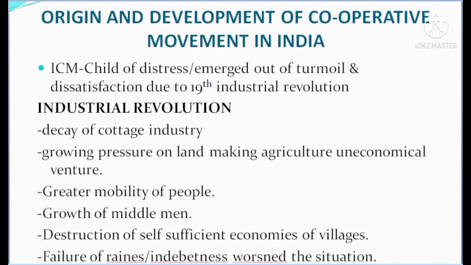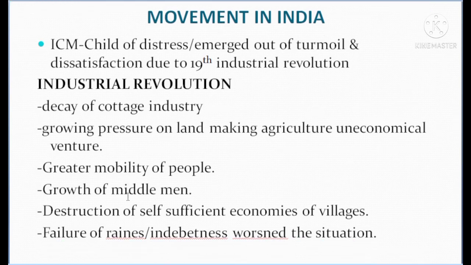So let's get familiar with the effects of the industrial revolution on Indian society. The first thing that the industrial revolution caused to the village economy was the decay of cottage industry. That means the small scale industries of our villages got devastated.